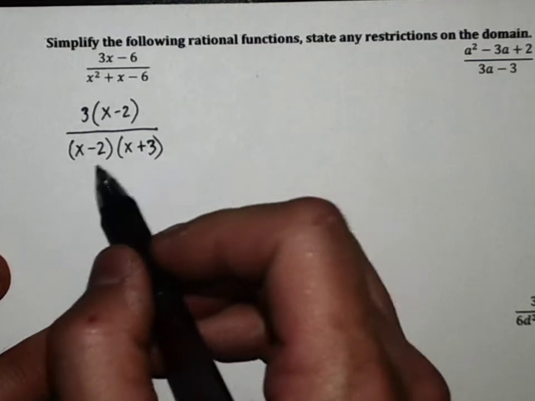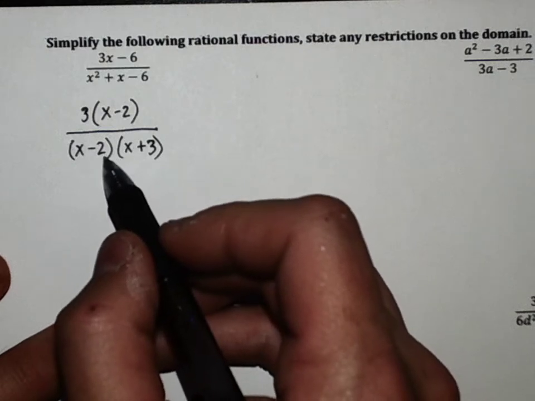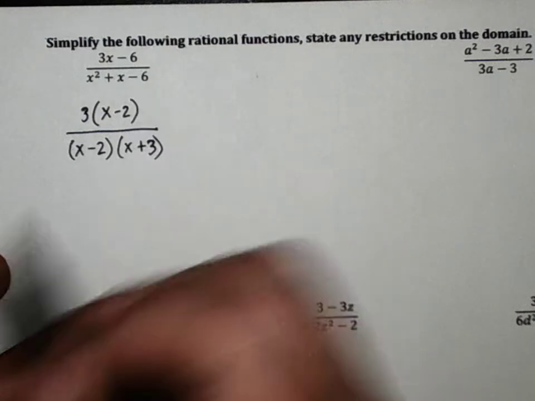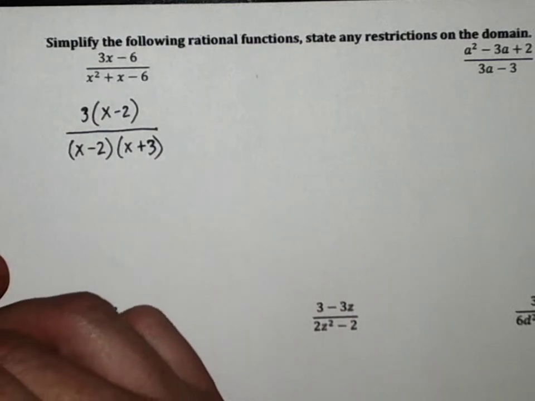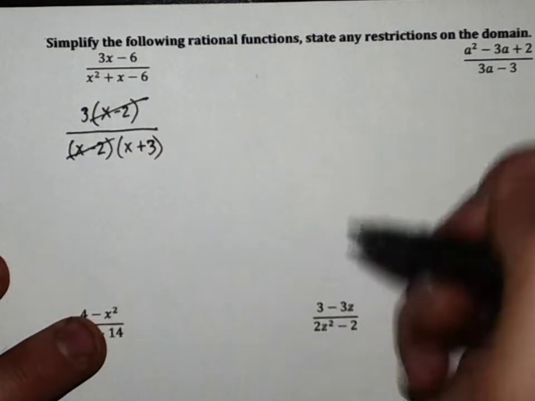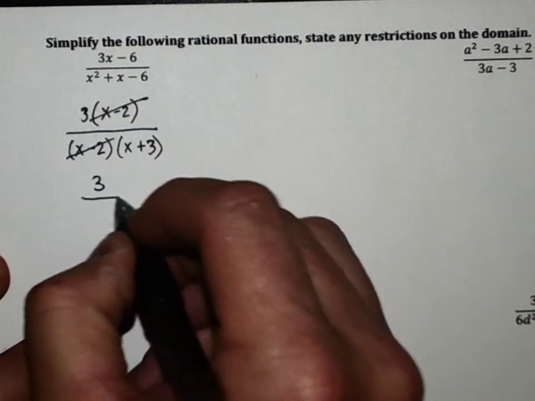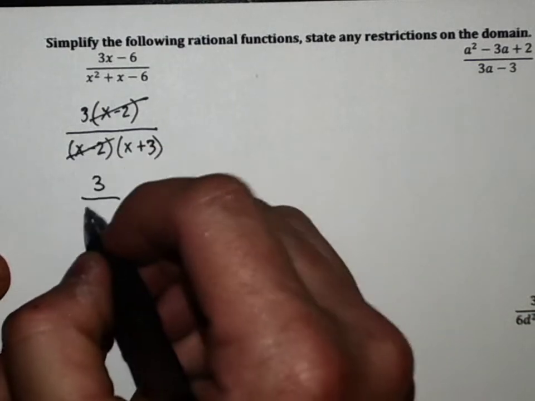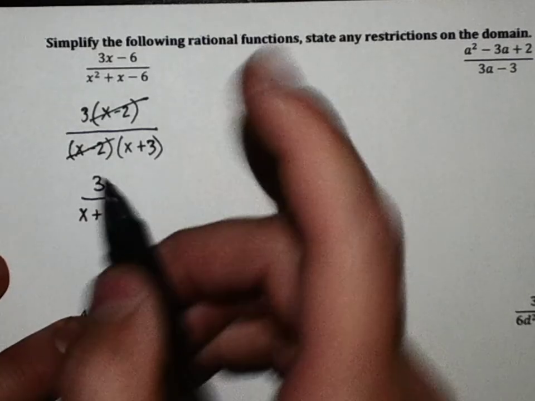X times 3 is 3x, but minus 2x is positive 1x, and negative 2 times 3 is negative 6. We factored it. Do you see a common factor? X minus 2 divided by x minus 2 is 1. So the final answer is 3, which is on top, and x plus 3, which is on the bottom.